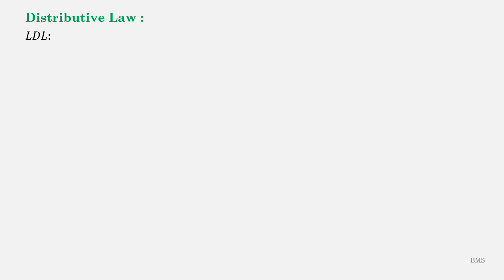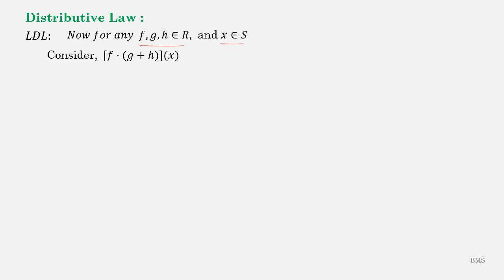Now, let us come to distributive law. So, we shall prove both left and right distributive laws. You take three elements f, g and h in R, and x belongs to S. Let us consider this. (f dot (g plus h))(x).